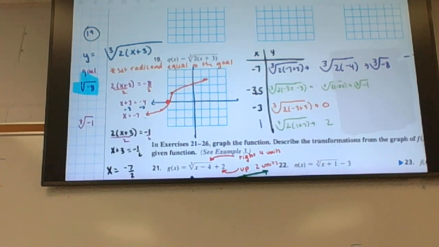So I'm going to do, and you did distribute? I distributed. I would get x plus 3 is -1/2. Subtract 3. -1/2 minus 3 is -3.5. That's what I'm going to put in the table.